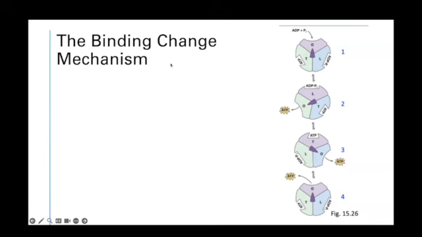So one cycle requires 3 rotations of that gamma shaft, in which that rotation then bumps into these subunits and changes those conformations. And 3 ATP molecules are made for every 8 protons that are pumped through the F0 subunit.